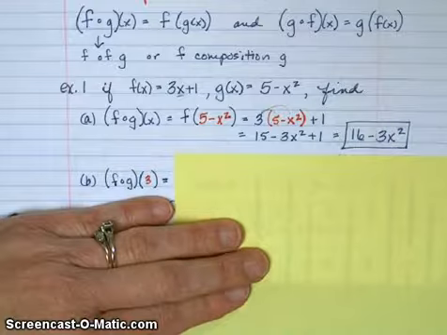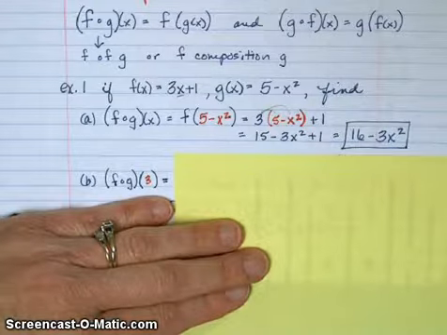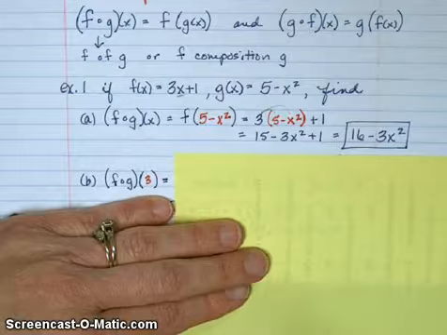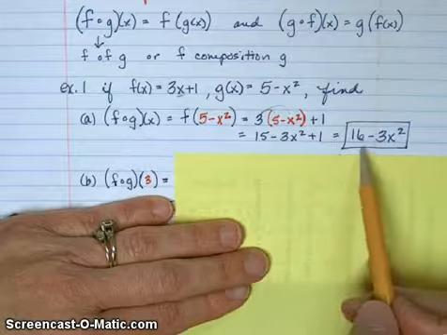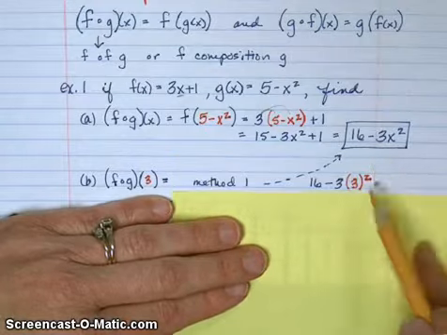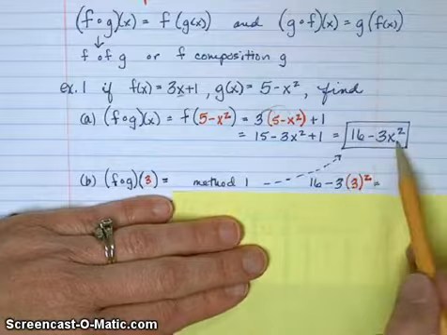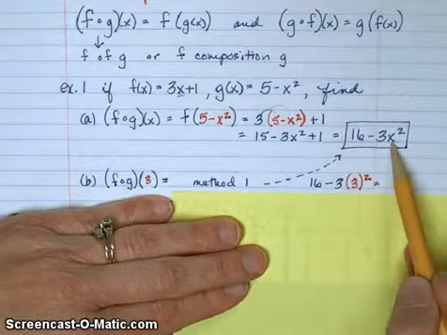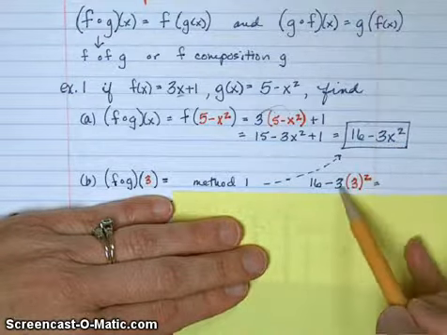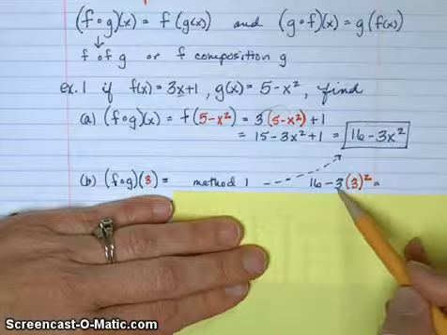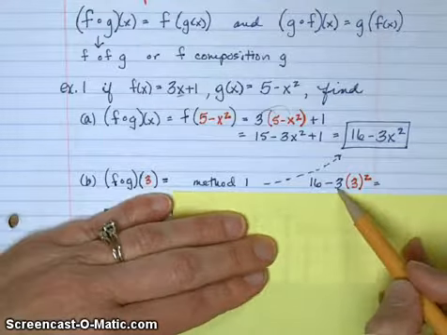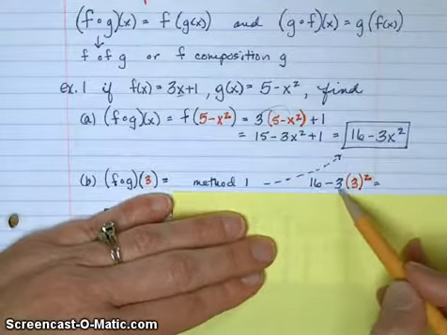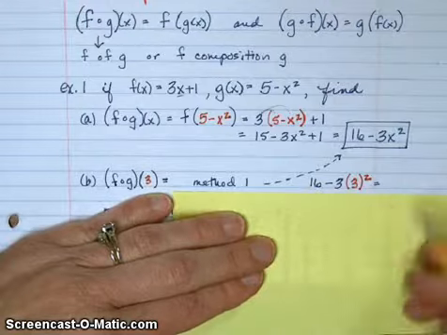If you've already done the f composition g, it's kind of easy, because method 1 is just come over here and evaluate it at 3. Plug 3 in there, that's 3 squared, that's 9 times 3, 9 times 3 is 27, 16 minus 27, you get negative 11.